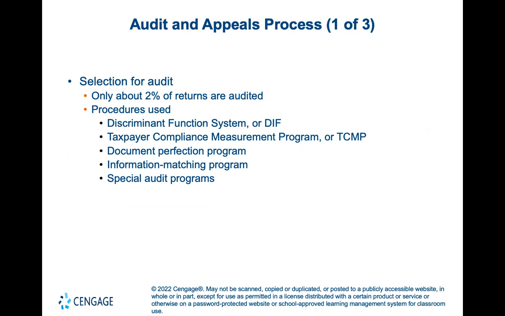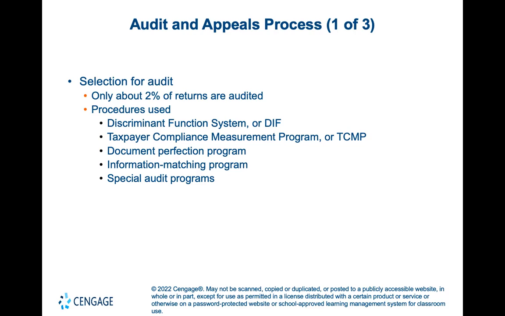Selection for audit. Only about 2% of returns are audited. So the procedures used: discriminant function system, or DIF, taxpayer compliance measurement program, or TCMP, document perfection program, information matching program, and then special audit programs.